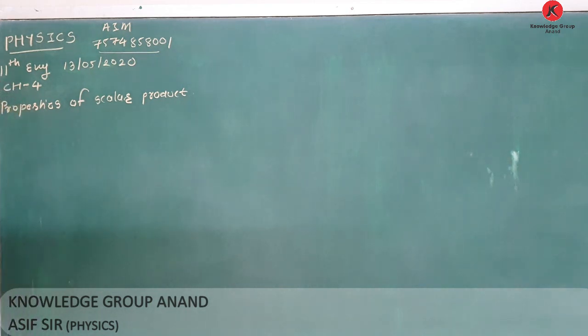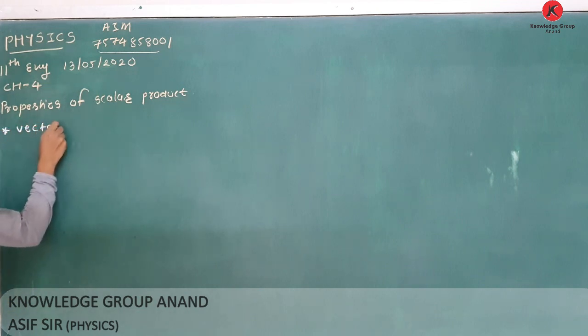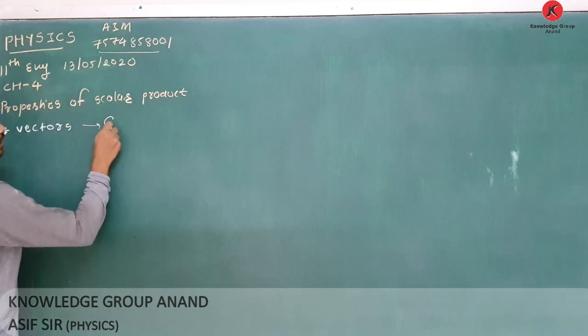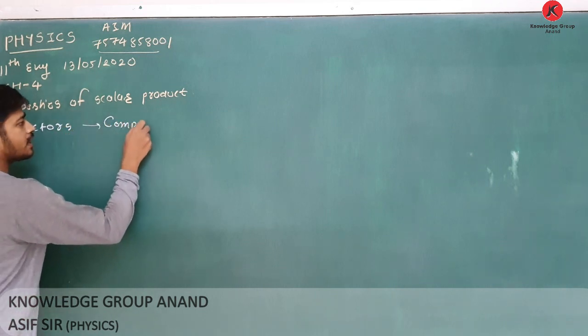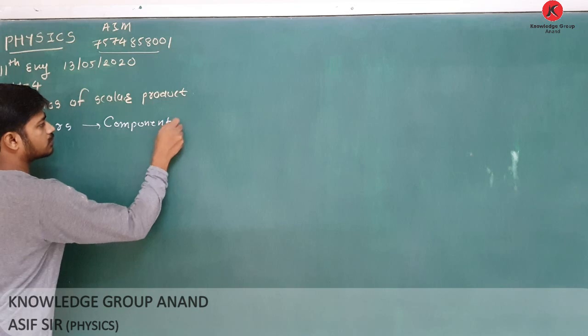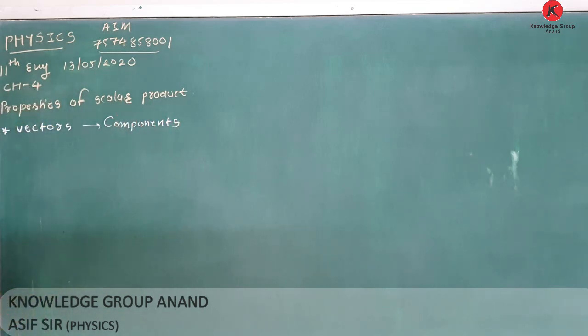See what the property is. If you are given vectors in terms of components, then how do we find the dot product?